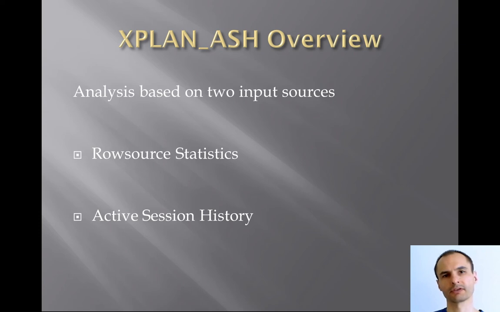So you don't need to analyze trace files to get at least part of this information, which is quite helpful and can be quite useful for understanding where a SQL execution spends its time, in particular on execution plan line level.